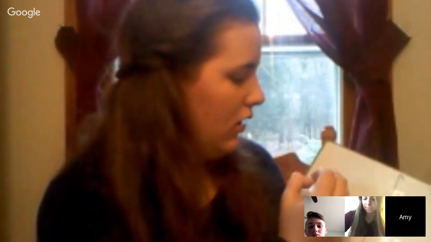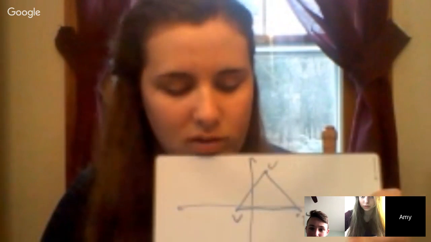Okay, and then number 5. We have another grid, and so our original figure was U is 1, 3, and T is 4, -1, and V is -1, -1. And we needed to rotate this 90 degrees counterclockwise about the origin.